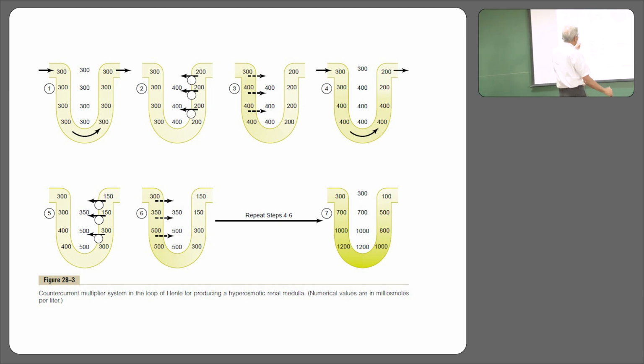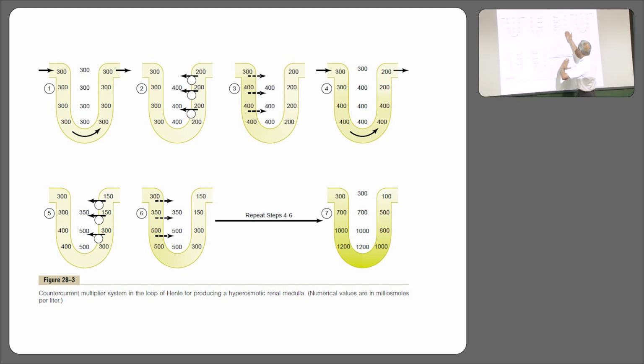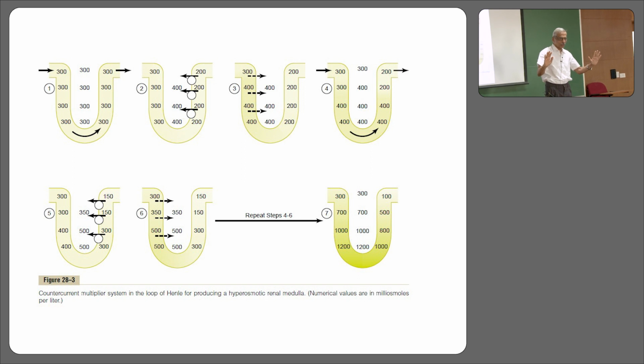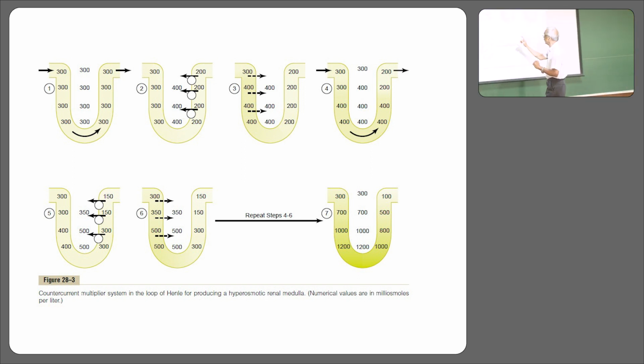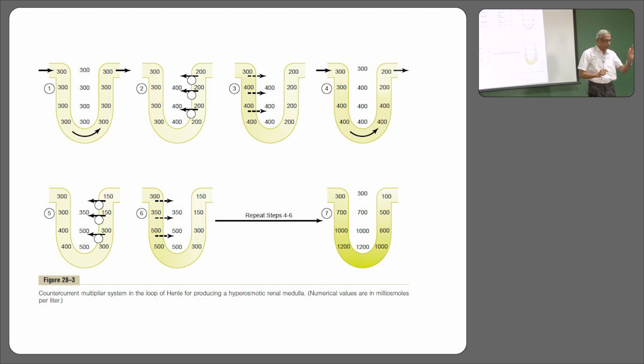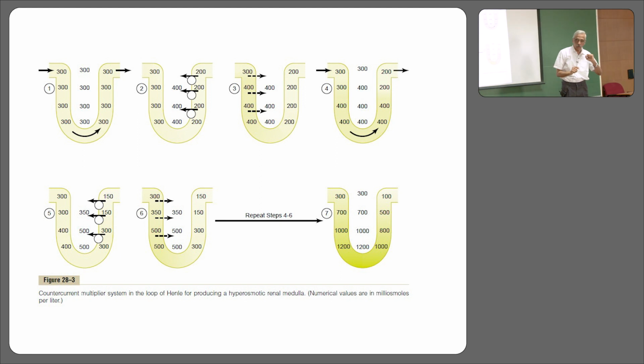Now, we will go ahead. So, this is 200, 400, it has come to an equilibrium. Okay so far? But do the fluids stay where they are? No. They go on flowing. So, as a result of that, this 400 will go there. The beauty of the U at the bottom of the loop of Henle.